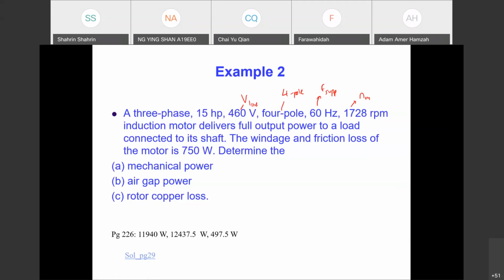So mechanical power. How to get mechanical power? The answer given is 11940 watts.